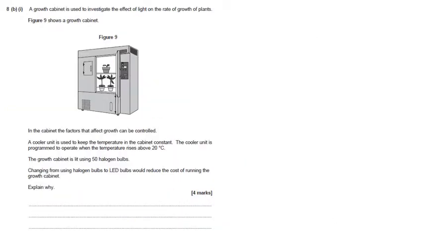Question 8 part B asks us to think about that information in the efficiency table in a little bit more detail. So it's saying currently it's lit by halogen bulbs, and if you change to use LED bulbs it will reduce the cost of running the cabinet. So first of all, because LED bulbs are more efficient, the input power would be less.